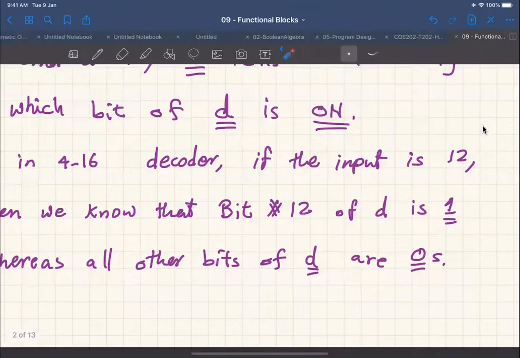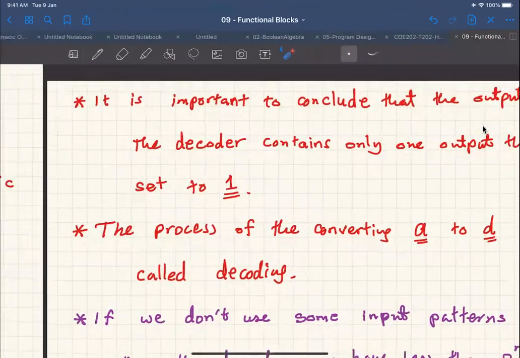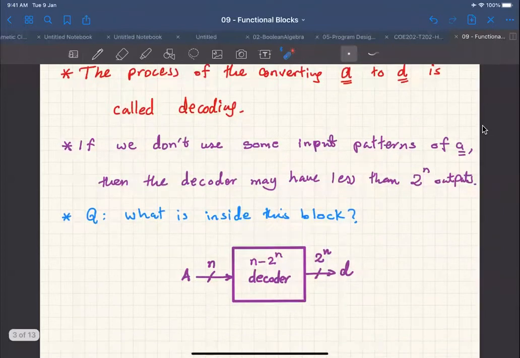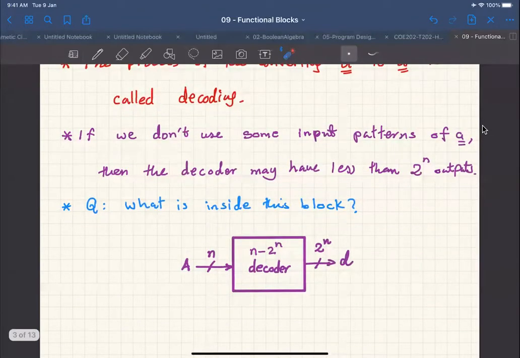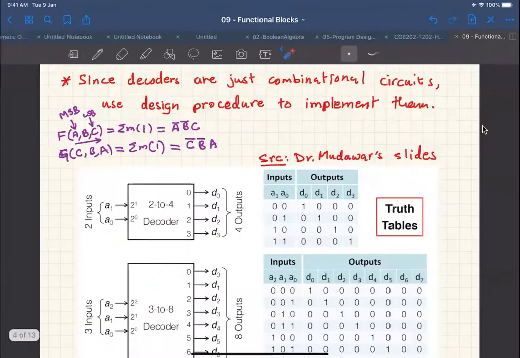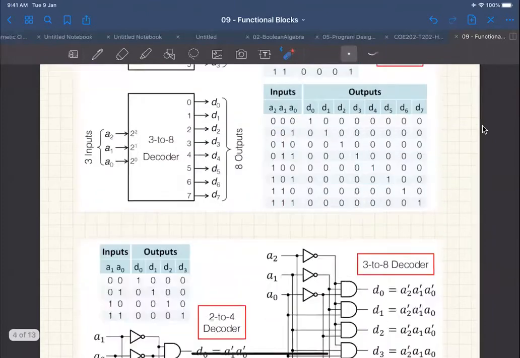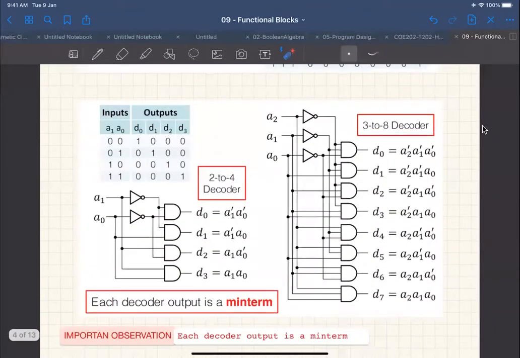And then we also discussed the internal structure of a decoder, and we showed that this is nothing but a design problem that you are capable of doing yourself. We showed two cases, the 2 to 4 decoder and the 3 to 8 decoder, and then we discovered that the decoder is nothing but a min-term generator.